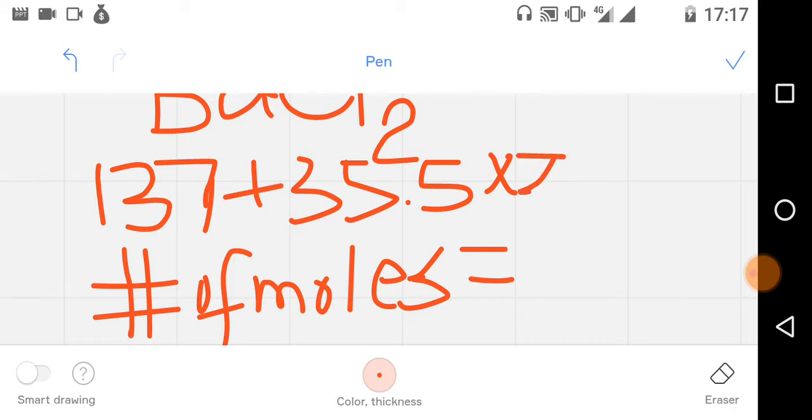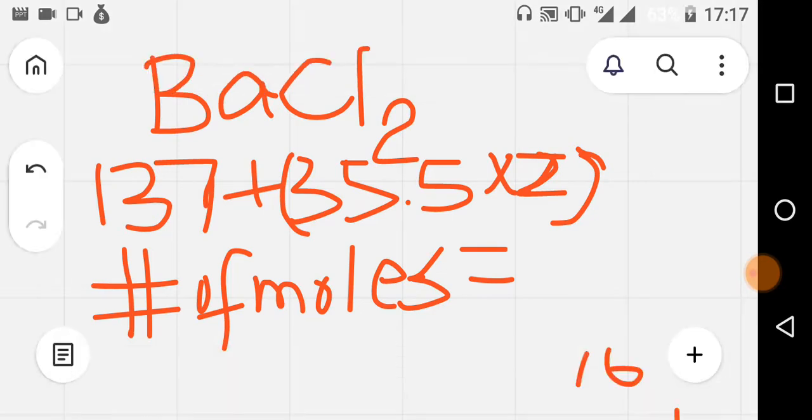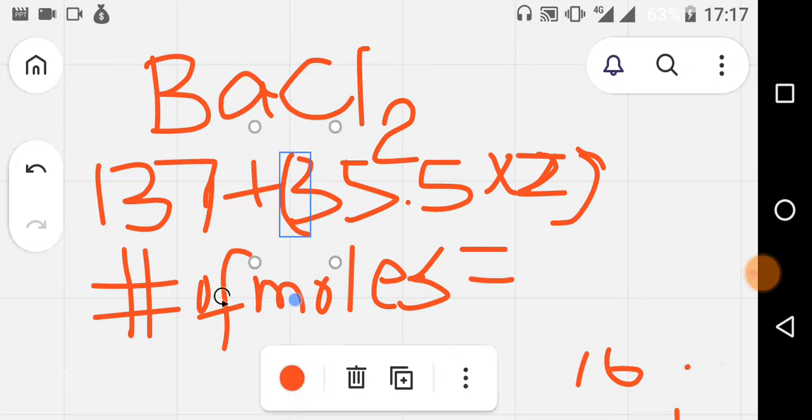Everybody following? The 35.5 is for one chlorine atom. There are two chlorine atoms present in barium chloride, so you have to multiply it by 2. Work that out for me, please.